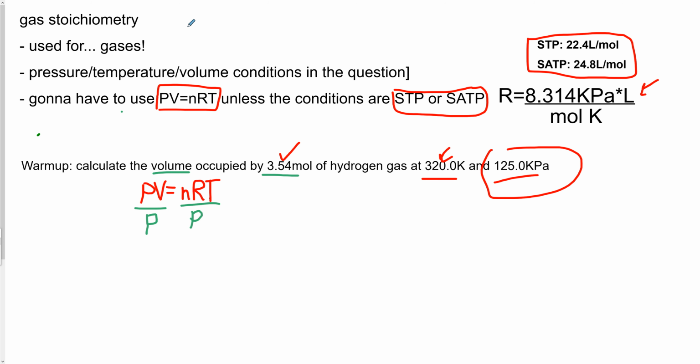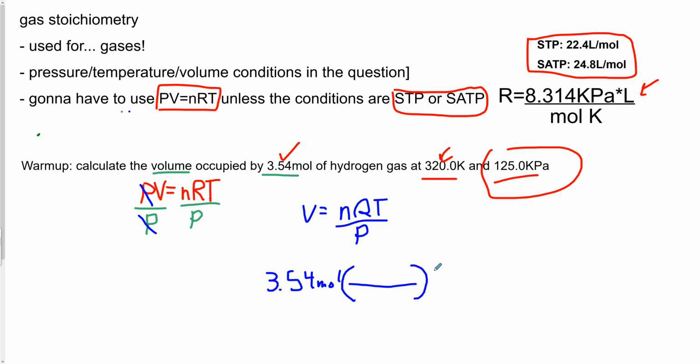We divide both sides by pressure. That's going to get rid of pressure on one side, giving us V equals nRT divided by P. So my N is number of moles, 3.54 moles. R, I'm going to write R as a fraction because it really is.